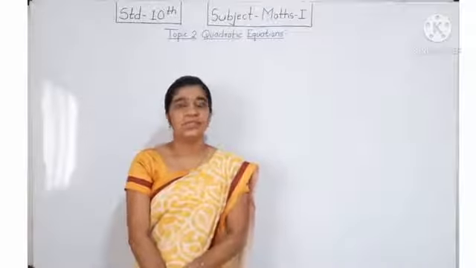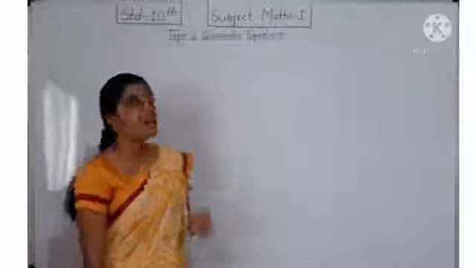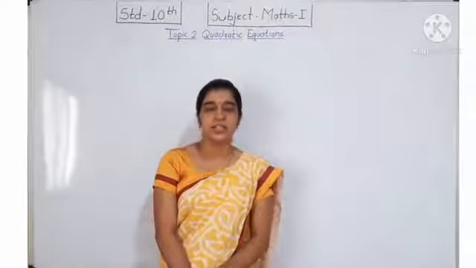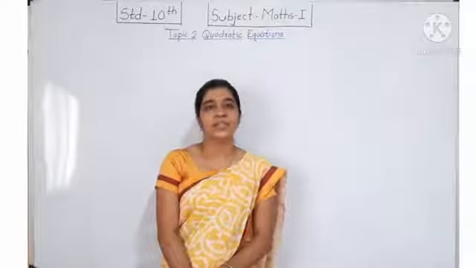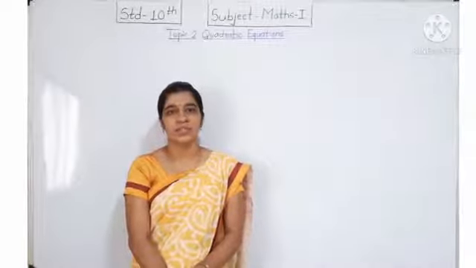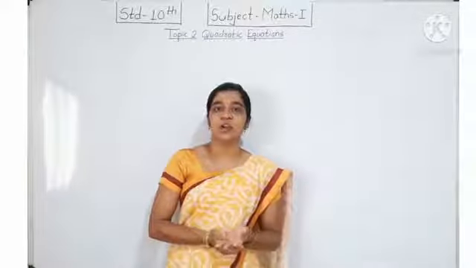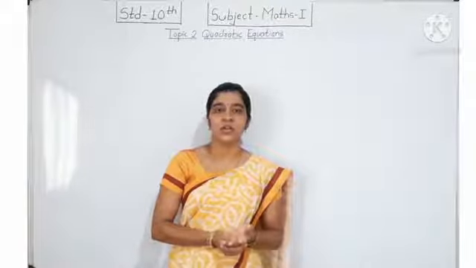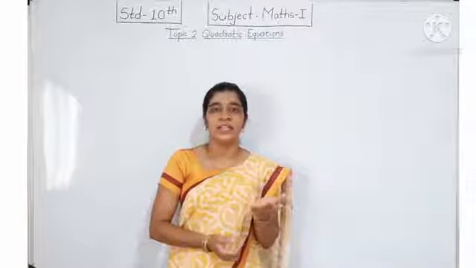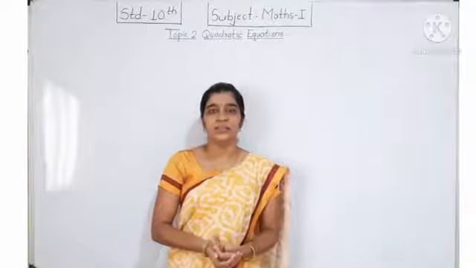Welcome students. In 10th Maths first, we had started topic number 2, quadratic equations. In this, we had seen various types of points, that is, whether an equation is quadratic or not. Its degree is 2 and variable is 1, which is a quadratic equation.